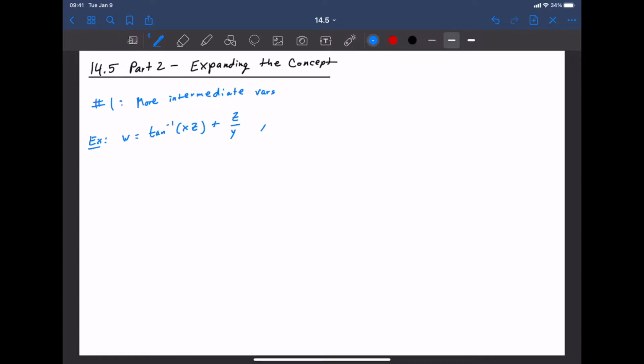And now we would need equations for each of these intermediate variables. Something like x is t, very lame, y is t squared, and z is sine of t.